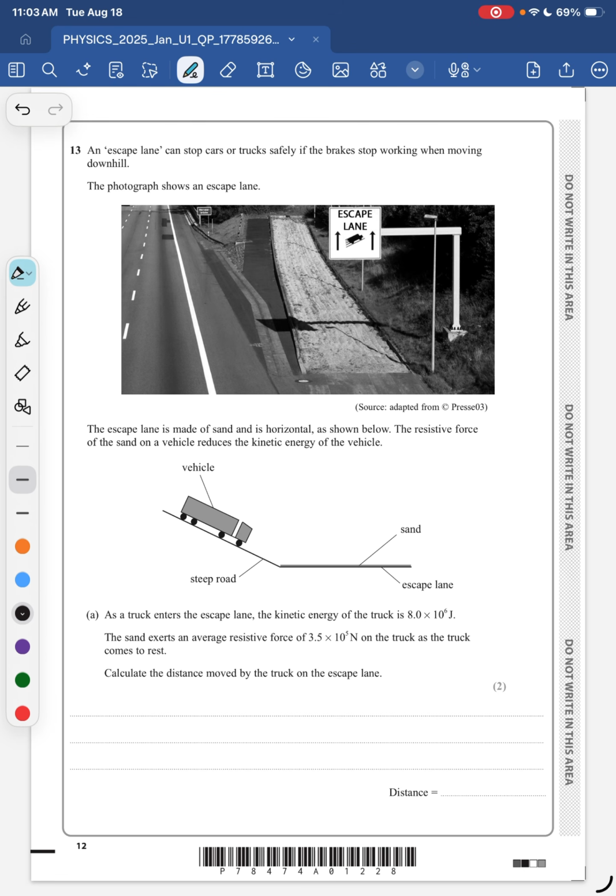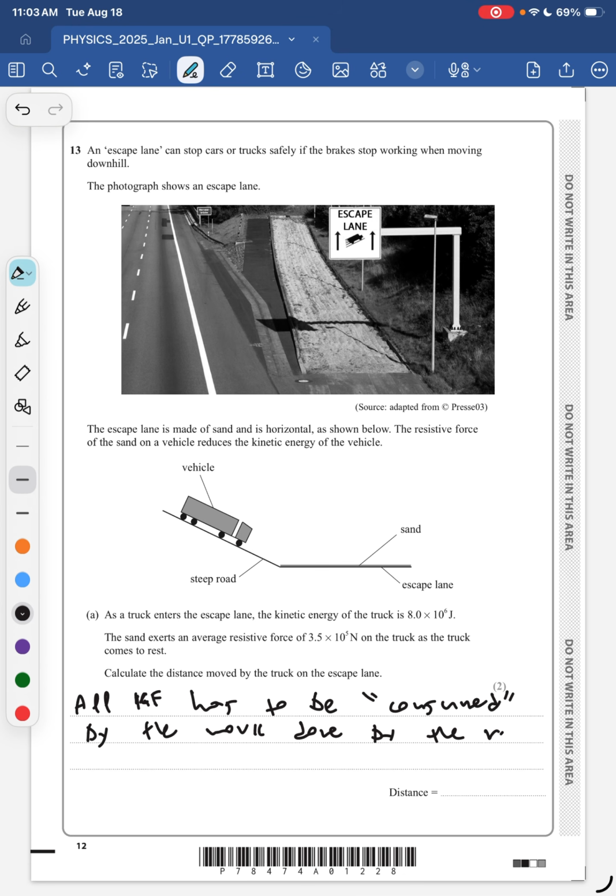Okay, so the idea is that all the kinetic energy has to be consumed by the work done by the resistive forces.